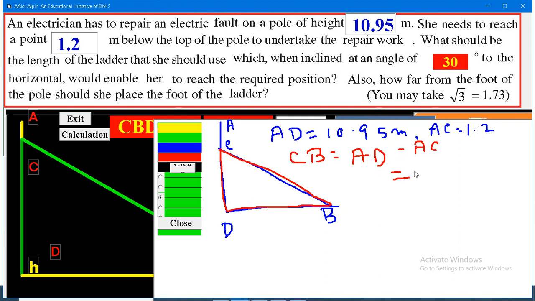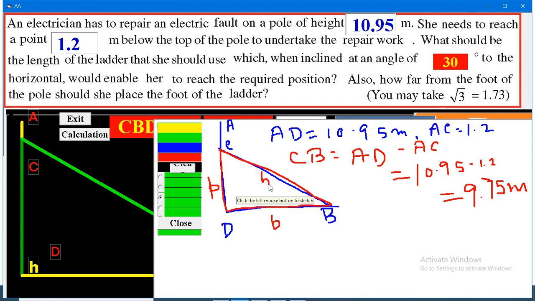So it is coming to 10.95 minus 1.2, which is 9.75 meter. So in this triangle, this is the perpendicular, this is the base, and this is the hypotenuse. So I know that I have to find out the hypotenuse.